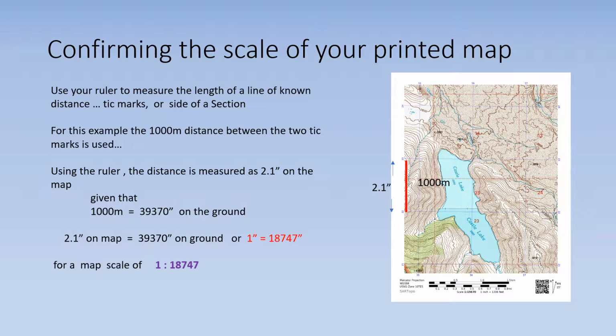So 2.1 inches on the map equals 39,370 inches on the ground. And 1 inch on the map equals 18,747 inches on the ground, which indicates a map scale of 1 to 18,747.